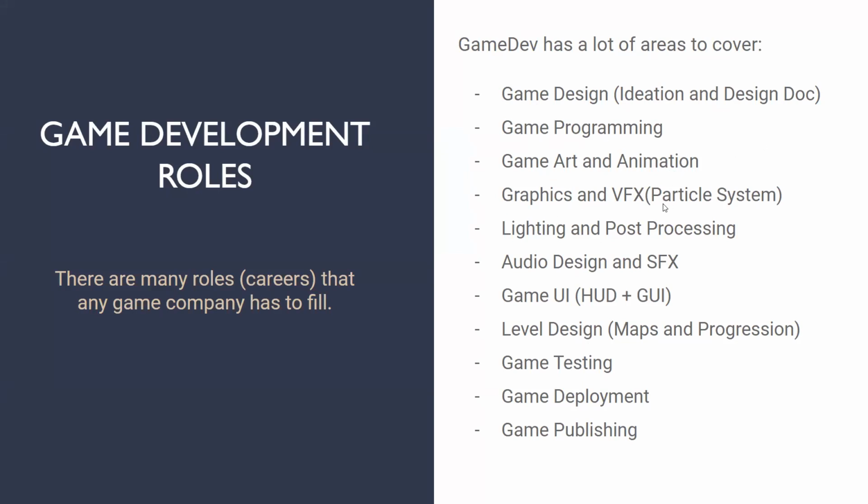And the graphics and VFX is basically, suppose I'm playing a game, and you have all these graphics, but there are certain other graphical parts known as effects, particle effects, which you can probably see in a game.